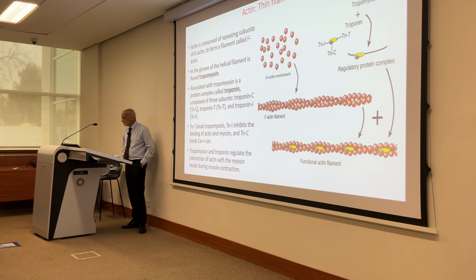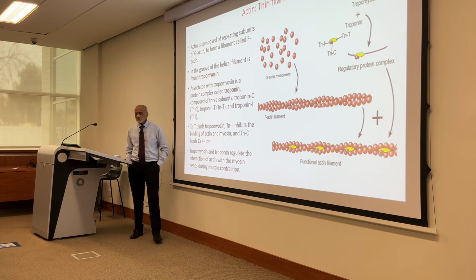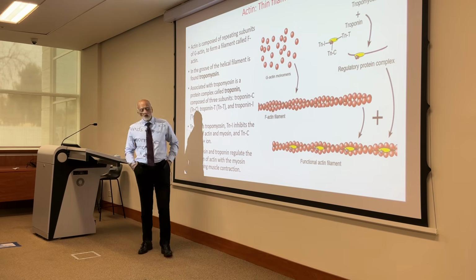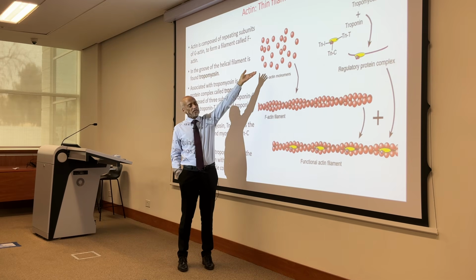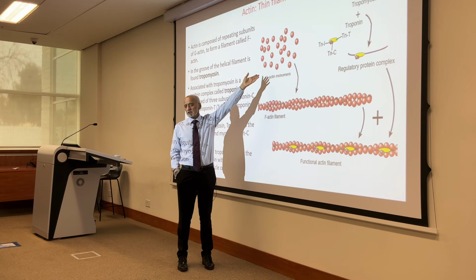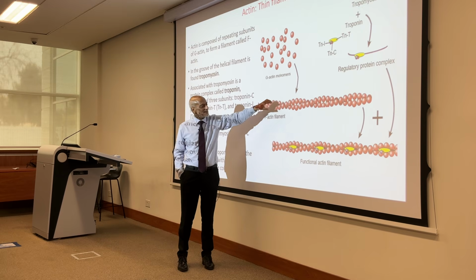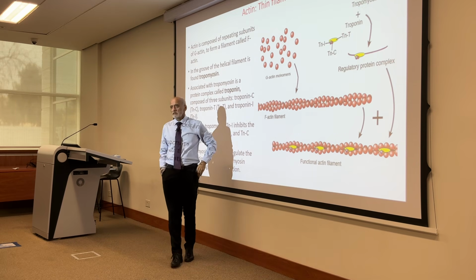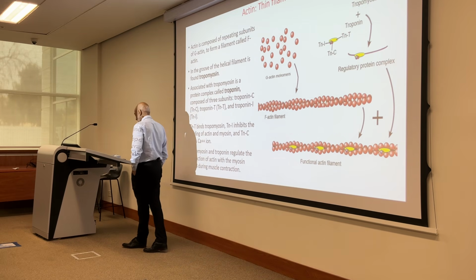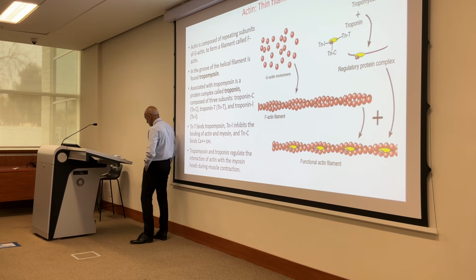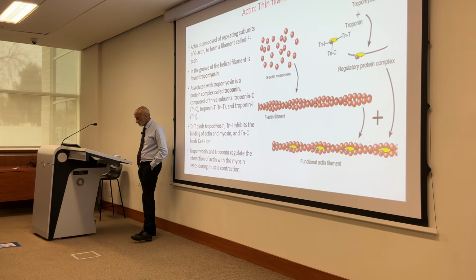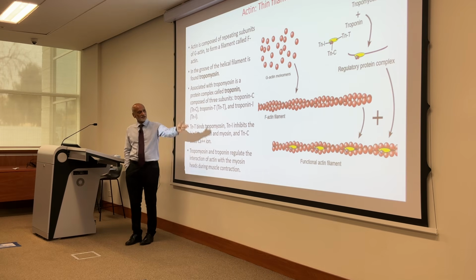What about our friend actin? Again, it's made up of a globular protein, these round little blobby things, and they are arranged in a helix. F stands for filamentous actin. It's almost like beads, that kind of thing.